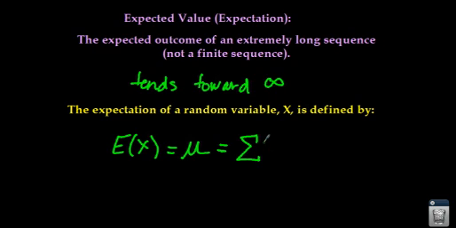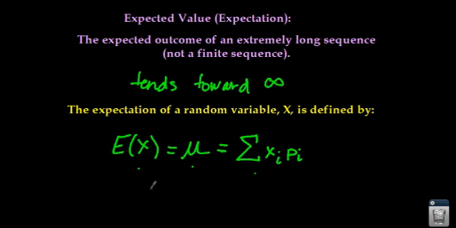It's the sum, that sigma means sum, of our x values, and we're saying x sub i because we have maybe a whole bunch of x values, right? This little i just notates which one in the sequence we're talking about, times p sub i, and in this case, p sub i is the probability of each term in our sequence, okay? So all of these things mean the same. If I say E of x, I'm really talking about mu, which means I'm really talking about the sum of all of our values.